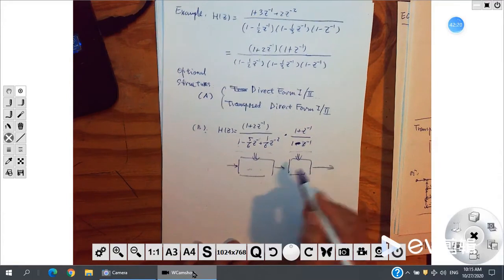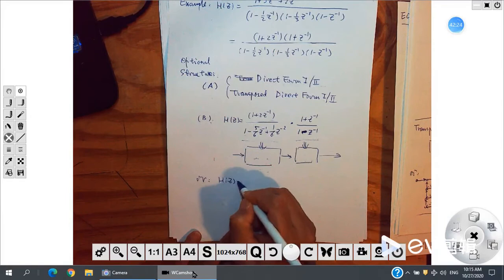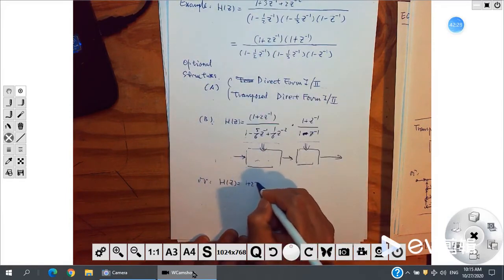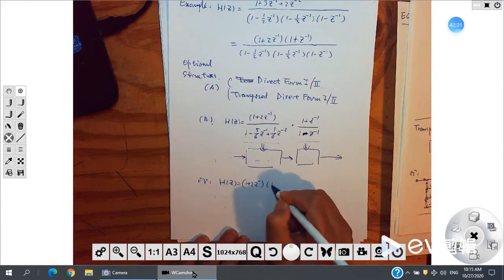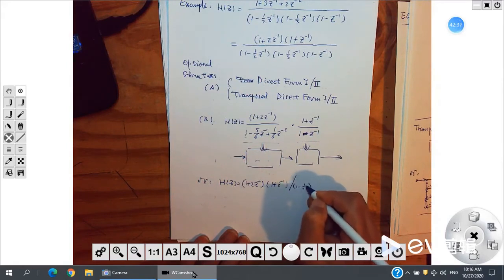Right? Or like H of z equal to, you just write it like this: 1 plus 2z to the negative 1 times 1 plus z to the negative 1, then over each part.